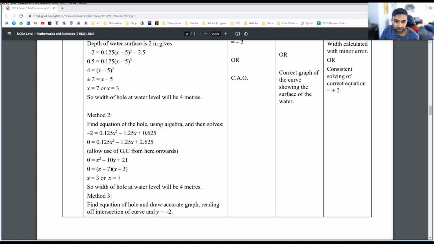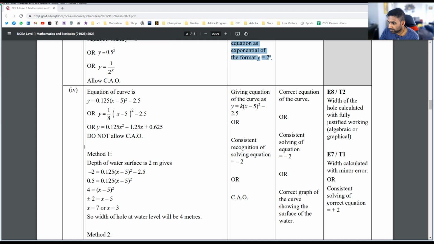So with the graphics calculator, they only accept calculator working from a certain point onwards, which is kind of weird. I guess that's why they say right at the beginning of this question, do not allow correct answer only, because I just did the whole question in like 2 steps on the graphics calculator. But I guess for you guys, it's a good way to check your answer.